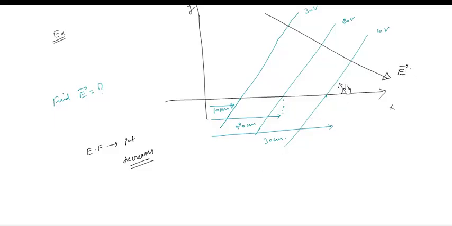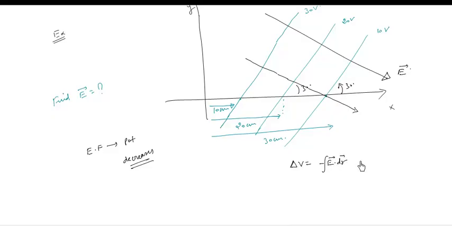In the question itself, these angles are given to be 30 degrees, right? So if this is the direction of electric field, and now I have to find the value of this electric field and the direction, that is, in vector form I have to find this electric field. Then what I'll do is I'll simply create electric field like this. Now we know that delta V is equal to minus integration of E dot dr, right?